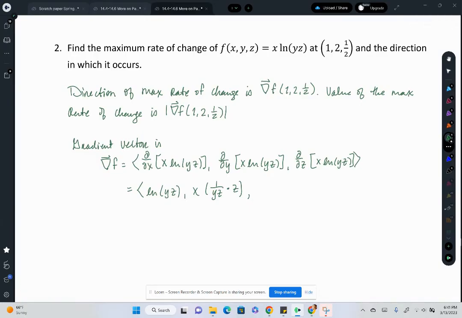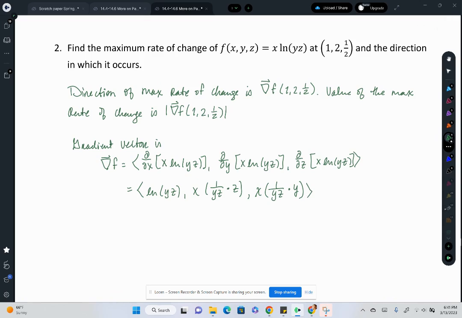For the partial with respect to z, the x is a constant, and the derivative of ln(yz) is 1 over yz times the derivative of yz with respect to z, which gives me a y.